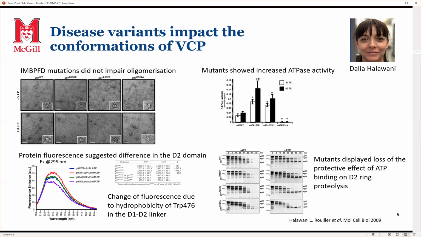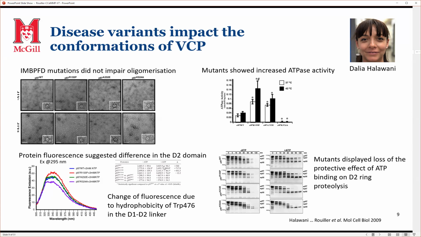The protein still forms a hexamer in all conditions. But she also showed that the mutations resulted in an increased ATPase activity of the protein. It's very rare to find mutations that actually increase the activity of an enzyme rather than decrease it, but this is the case for VCP.